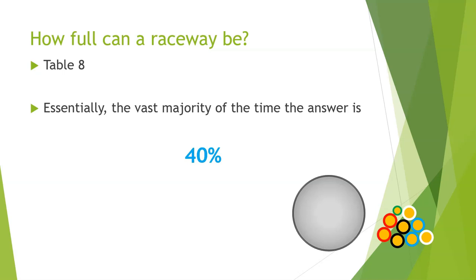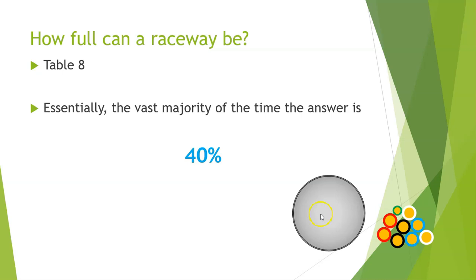And what that means is that for the majority of scenarios in which you're going to be doing a pipe fill calculation, you're going to be talking about a maximum pipe fill of 40%. So if you're ever stuck, you have no way of knowing how to proceed, you've totally forgotten where to look in the codebook, just keep in the back of your mind, and this applies out in the field too, you're looking at max pipe fill, generally speaking, of 40%.